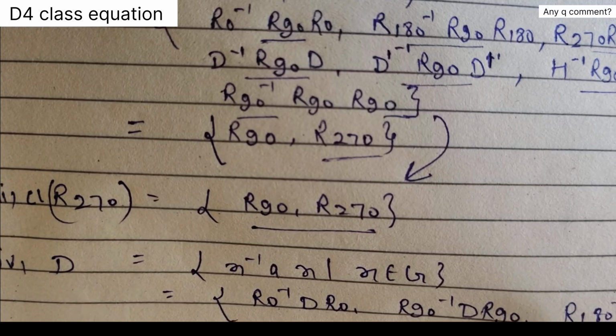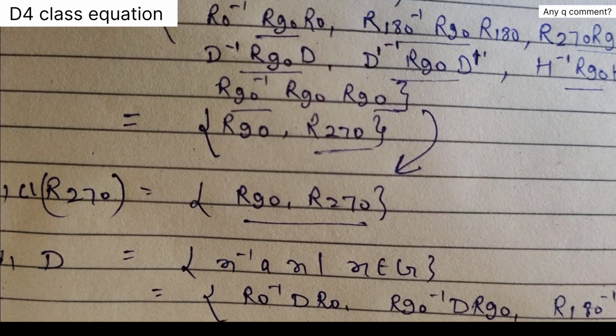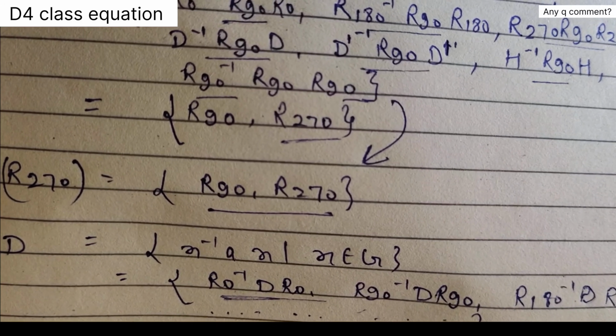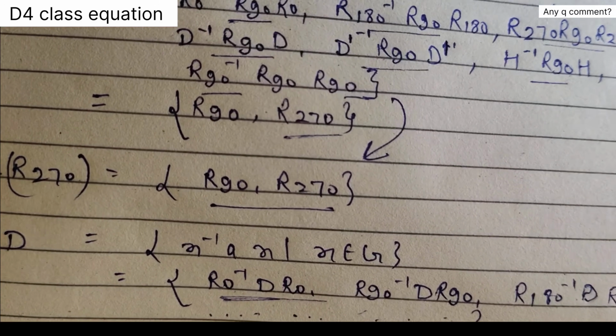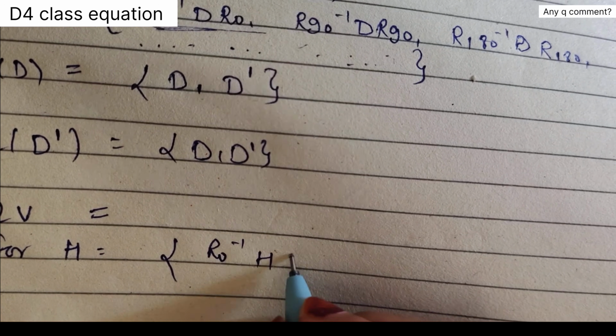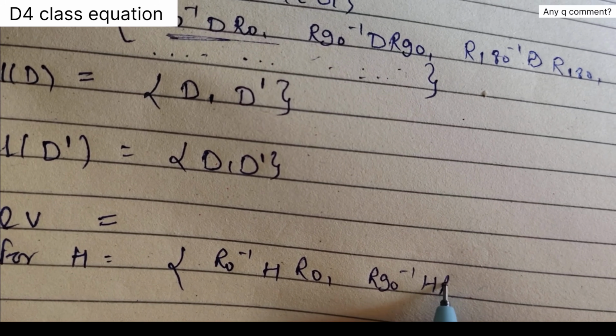Fifth, we have H and V. For H and V we again have all the possible cases. Let me write it for H. It will be R0 inverse H R0, then for R90, R90 inverse H R90.